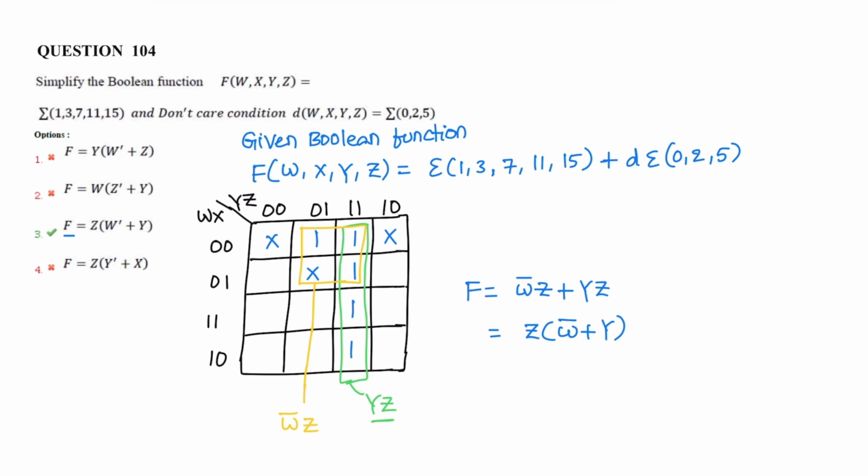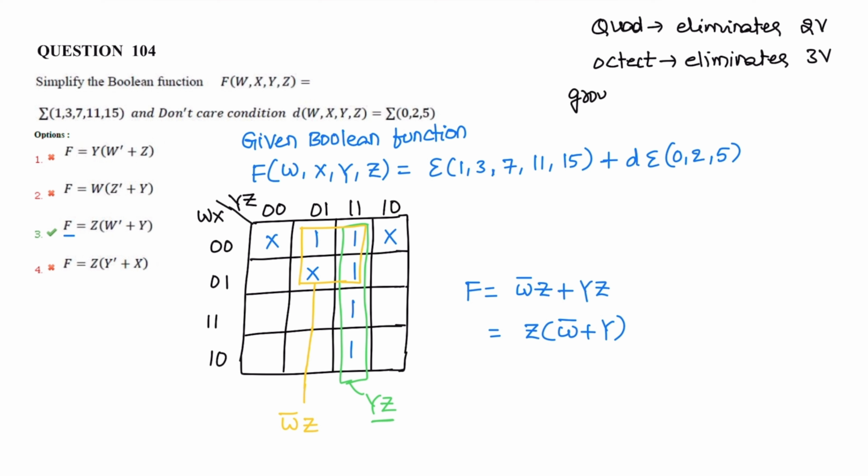In K-map, we know that quad eliminates 2 variables, octet eliminates 3 variables, and a group of 2 eliminates 1 variable. Quad is group of 4, octet is group of 8.